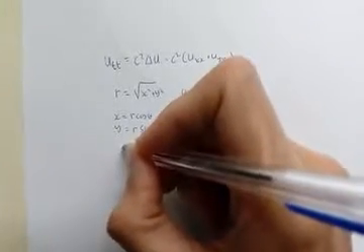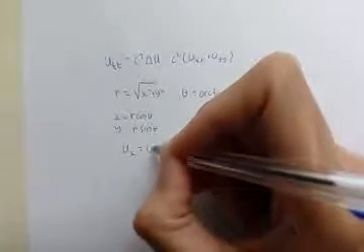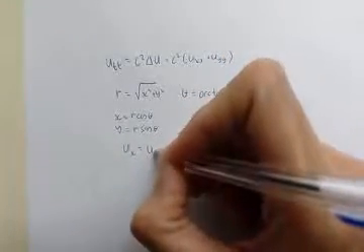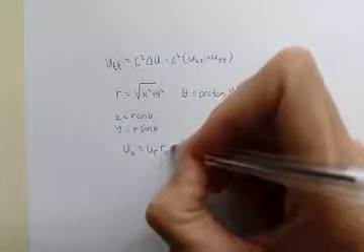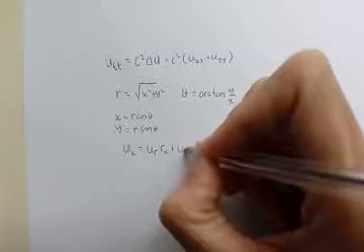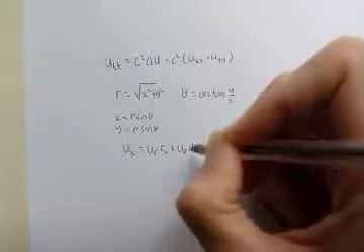For the first derivative of u with respect to x, we'll have the first derivative of u with respect to r multiplied by r sub x, plus u sub theta multiplied by theta sub x.